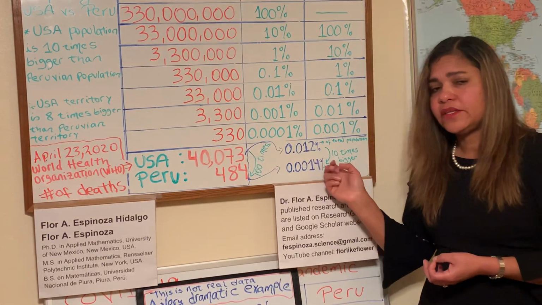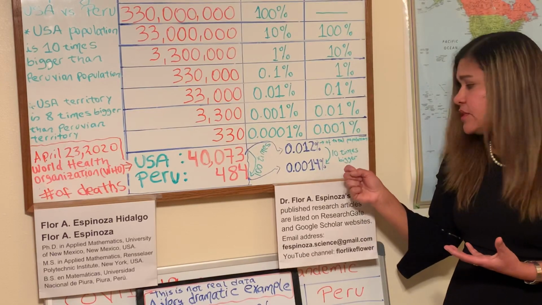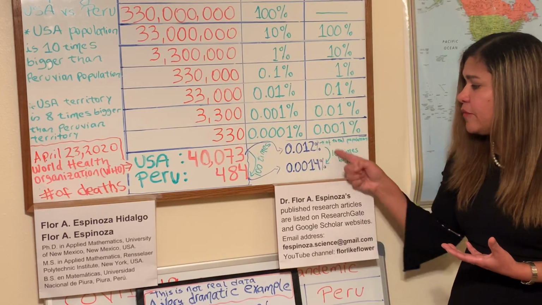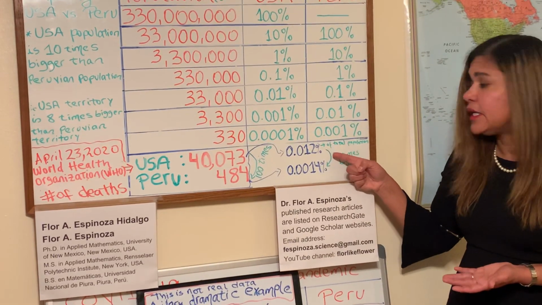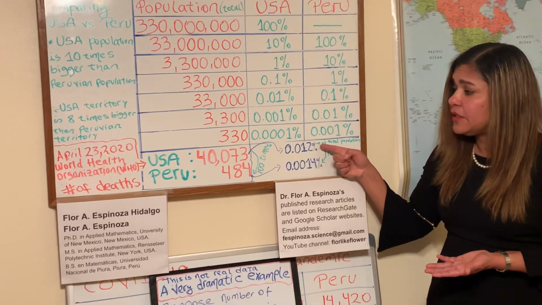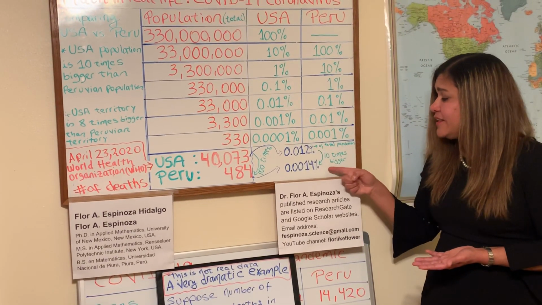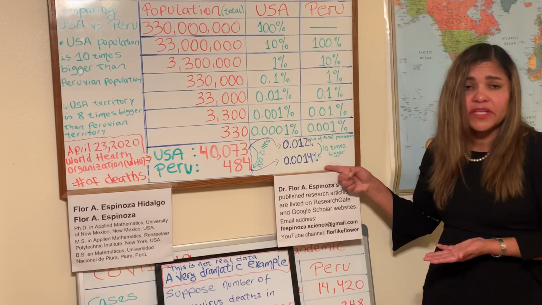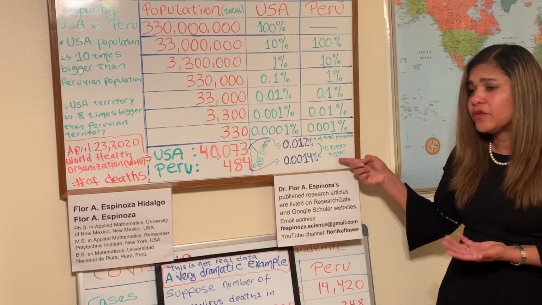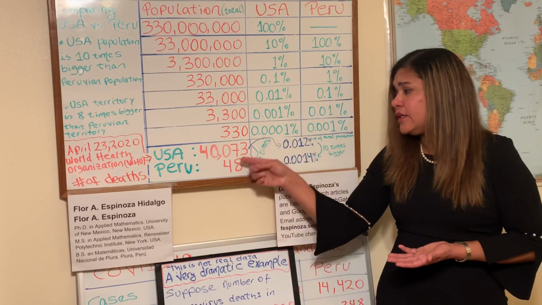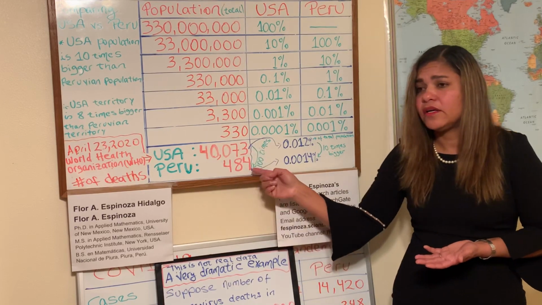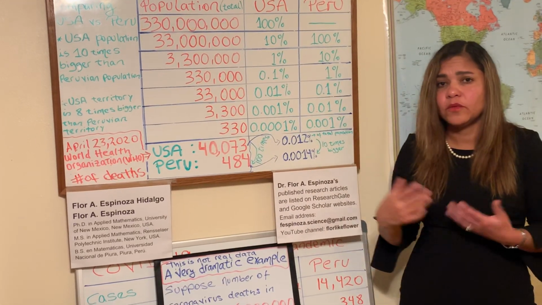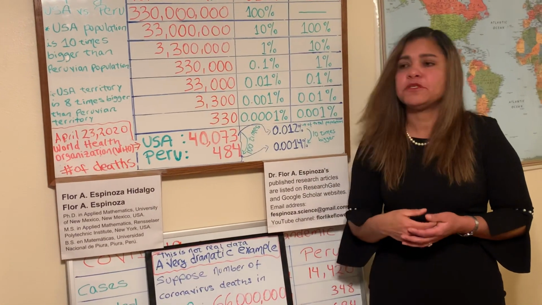So using percentages and taking into account the population size, from these two numbers we can conclude that the number of deaths in the United States is 10 times the number of deaths in Peru, a more fair conclusion than the previous one that was given without taking into account differences in population size.